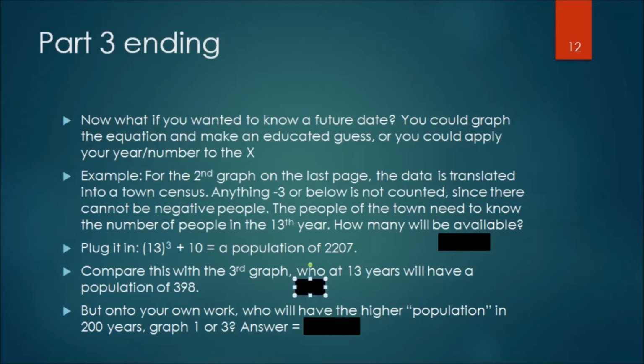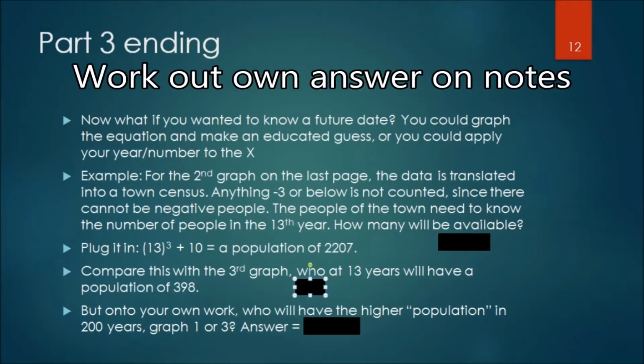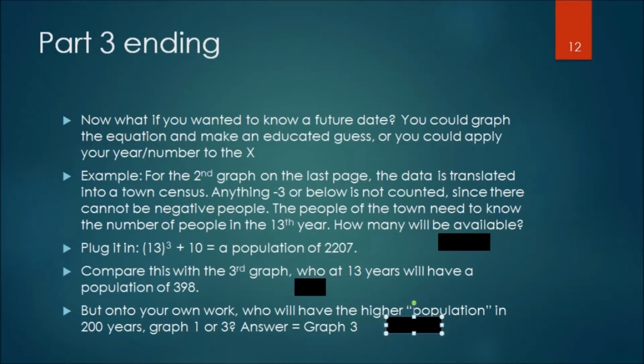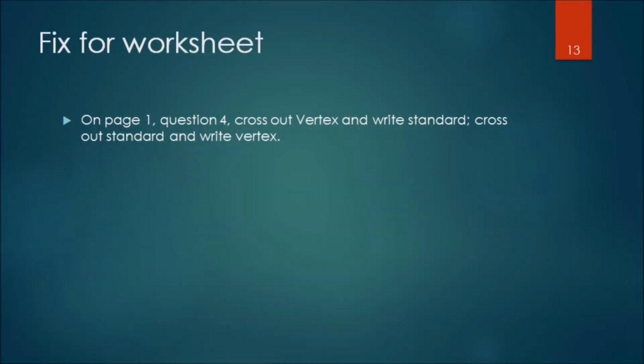But onto your own work: which has a higher population in 200 years, graph 1 or 3? The answer will be fairly obvious, graph 3 having the higher population.